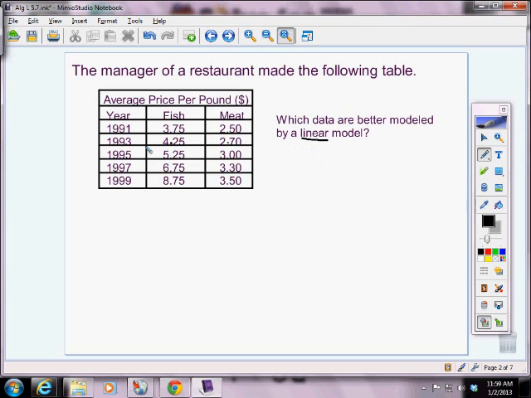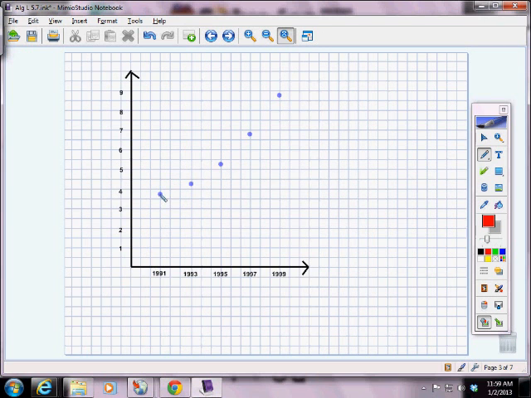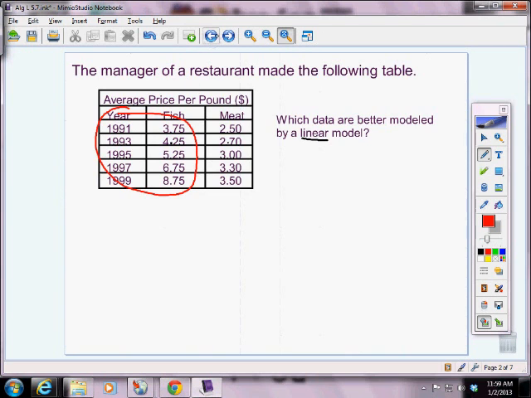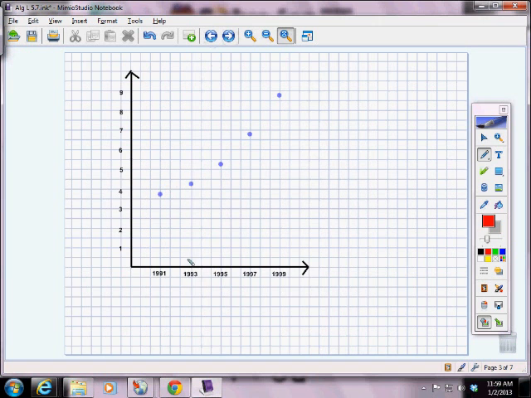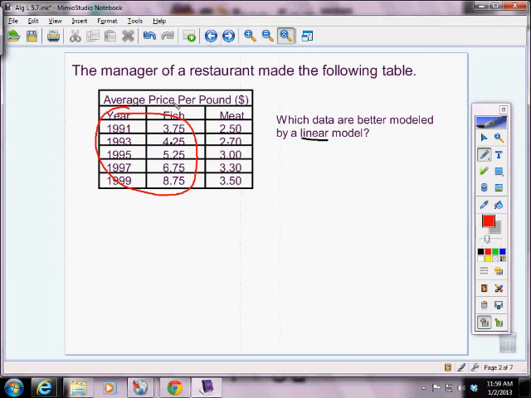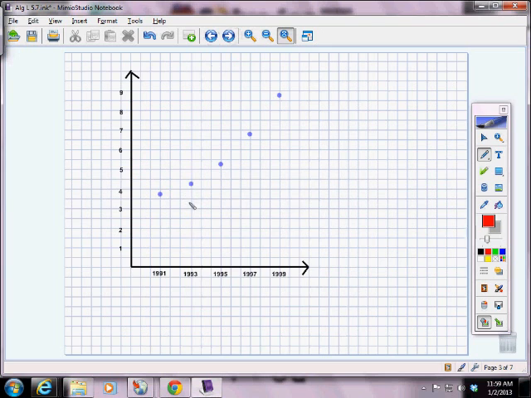Linear means line. So if you were to take, let's say, the year and the fish, and you were to graph it, in 1991, you would see $3.75. In 1993, $4.25. So I already went through and graphed this.